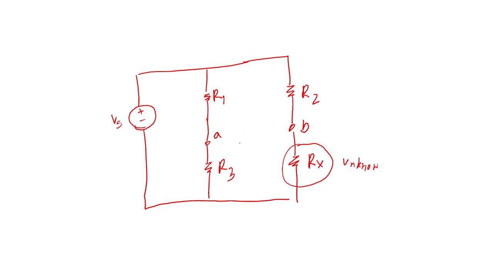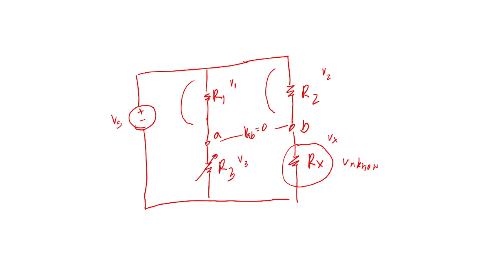And if we vary one resistor, for example, if R3 is a variable resistor, if we vary the resistance until VAB equals 0, it means that the voltage across R1 and the voltage across R2 are the same, right? V1 and V2 are equal, and V3 and Vx are also equal.